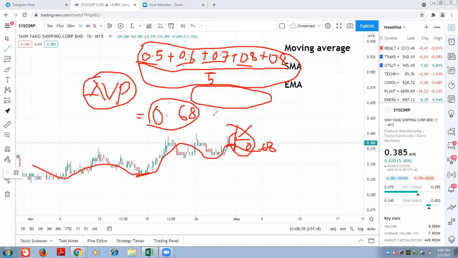So we know that if there is a difference between the moving average and the candle, it gives you some information about the result. Now, what we have here is called a smoothed moving average.